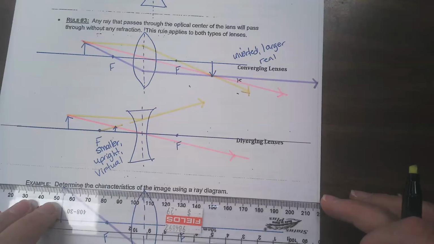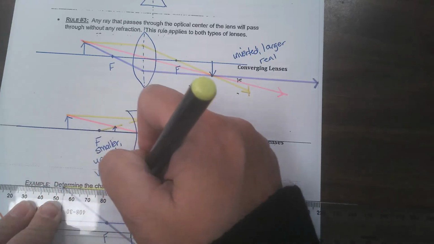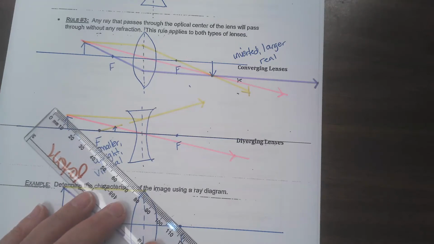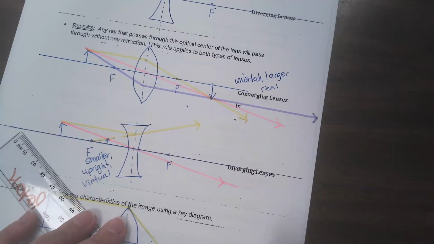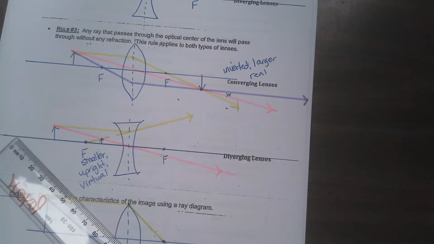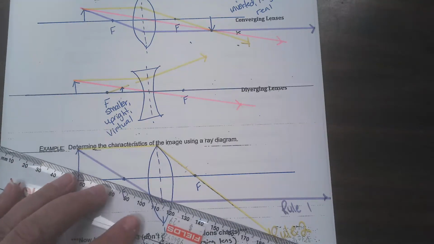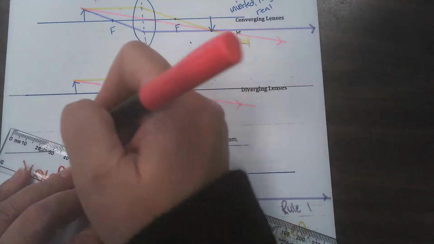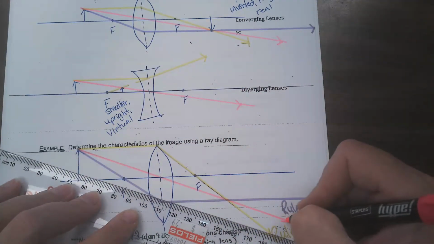Obviously, that's not perpendicular. Or parallel, I mean. We're going to go parallel to the principal axis, and we're going to come through this focal point. This is rule 2. Oh, jeepers. Quit moving my paper. And then the third rule is you go from the top of the object through the optical center. Magic. They all meet.